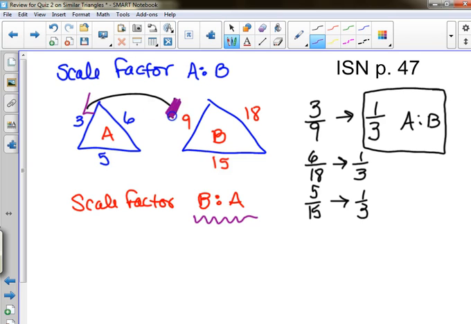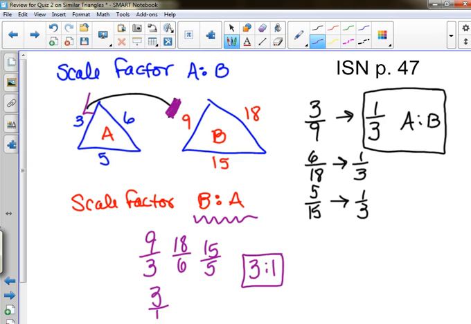So you would say 9 is to 3, or 18 is to 6, or 15 is to 5. All of those divide to 3. That means this proportion, B to A, is 3 to 1. Okay, these are all 3 times as big on B as they were on A. That would be the B to A ratio.